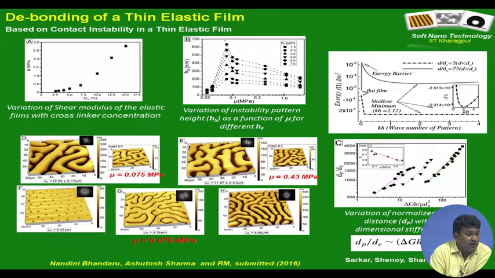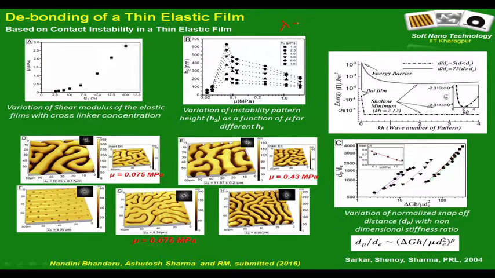Though the instability length scale, the wavelength, is independent of the shear modulus, it turns out that the maximum height that can be achieved during debonding depends on the exact shear modulus of the film.